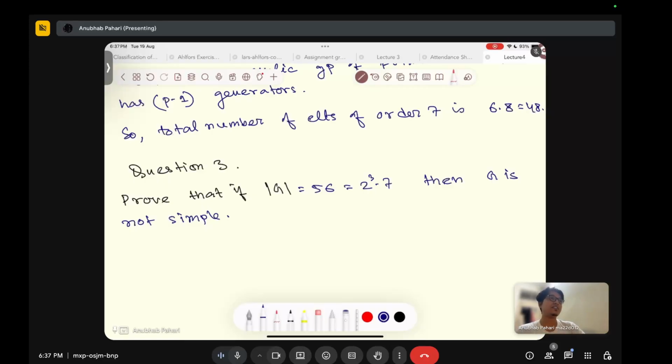If you can find that, then you see how many elements are left, and by Cauchy's first theorem there should be a Sylow p-subgroup. So there should be at least one subgroup of order 8, and it should not contain any element of order 7. This is just the last step that is left. Okay, sir.